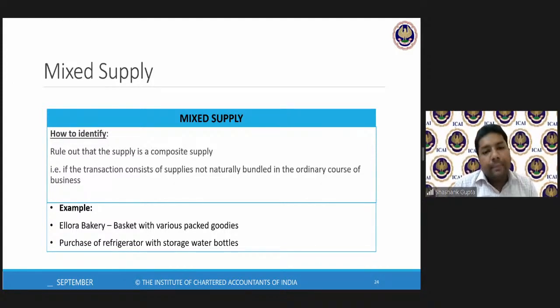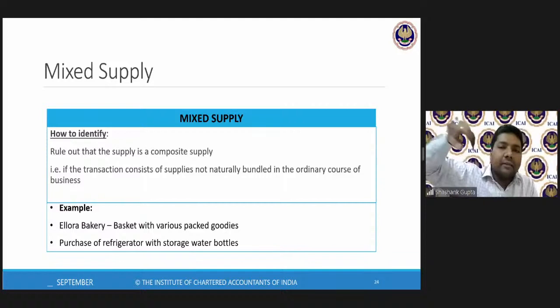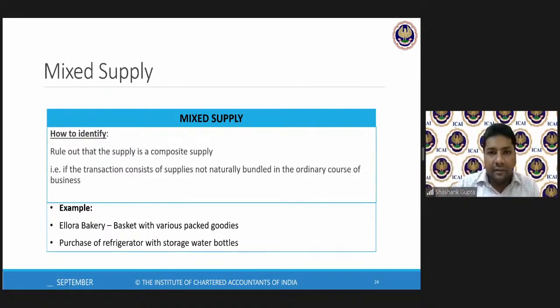So this is a prime example of mixed supply, because that juice is separately taxable, chocolate is separately taxable, this Lay's is separately taxable, and every bakery person is creating his own combinations, right? So someone is just putting a bunch of cake, someone is just putting a bunch of juices. So all of that can be said to be a kind of mixed supply.